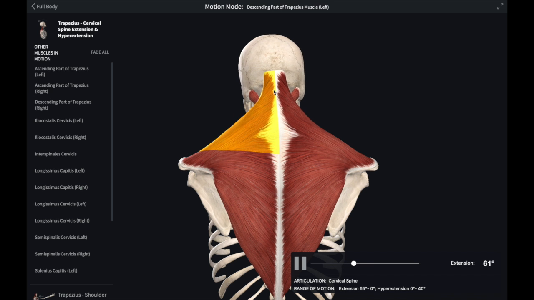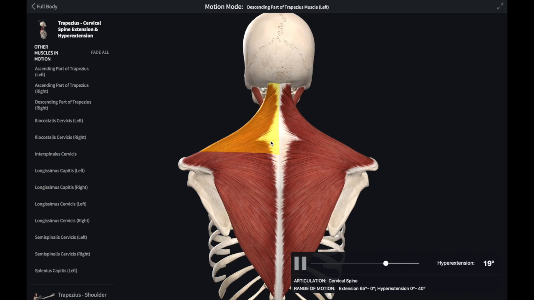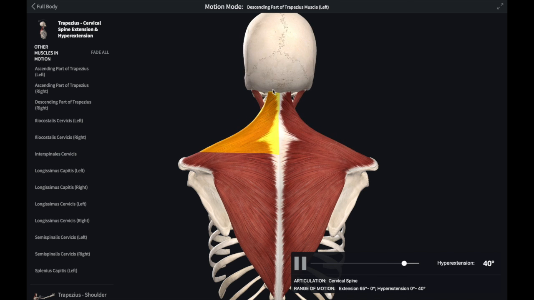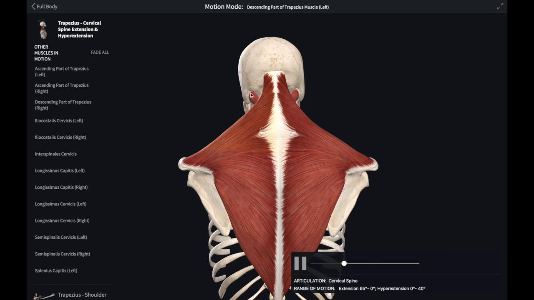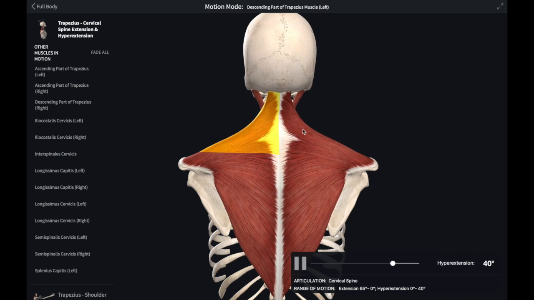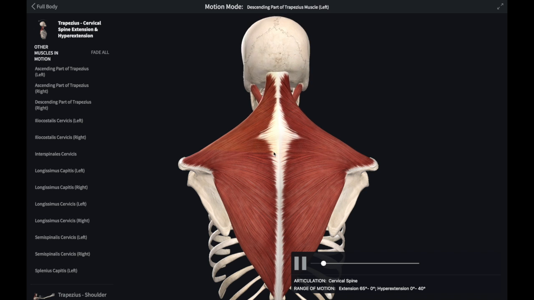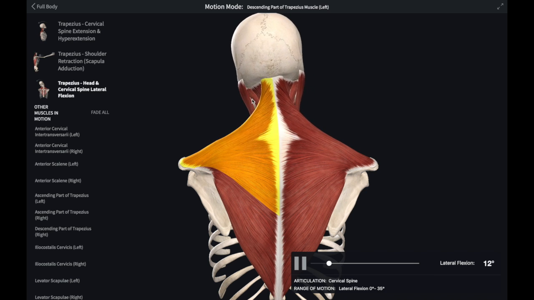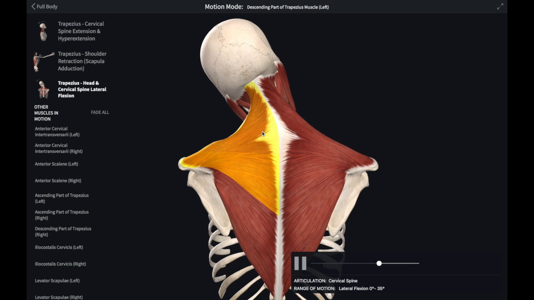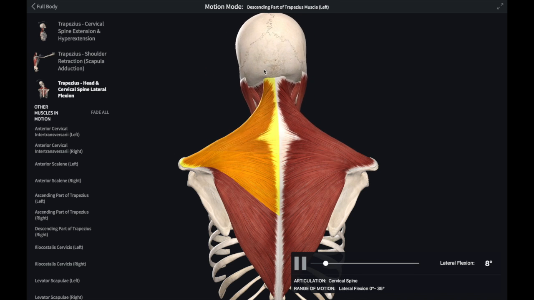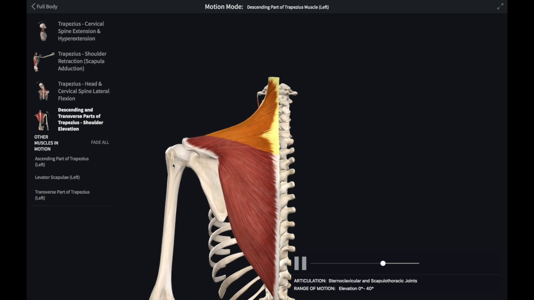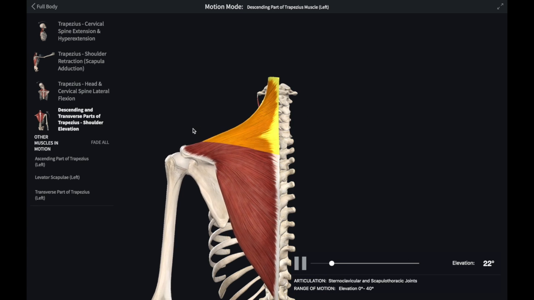It allows for extension of your cranium, so it does the opposite of your platysma and your sternocleidomastoid, so they are antagonists of each other. And along with the sternocleidomastoid, it will also be involved in a lateral flexion of the cervical region or your neck, and it will also be involved in elevation of your shoulder.